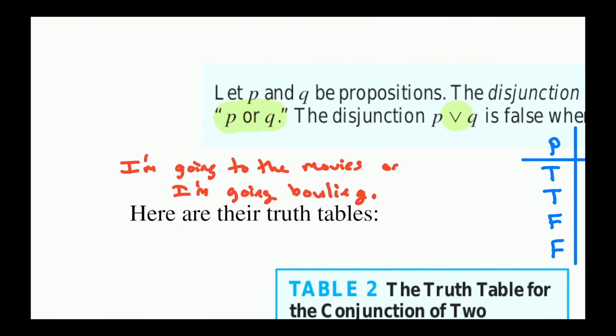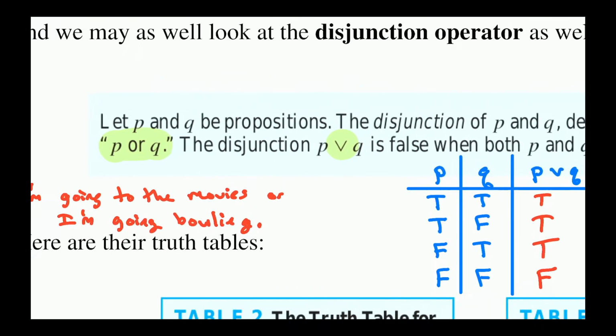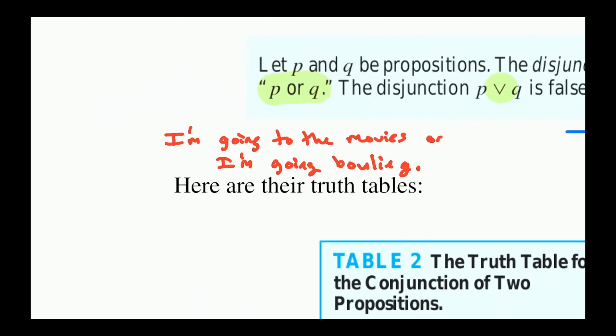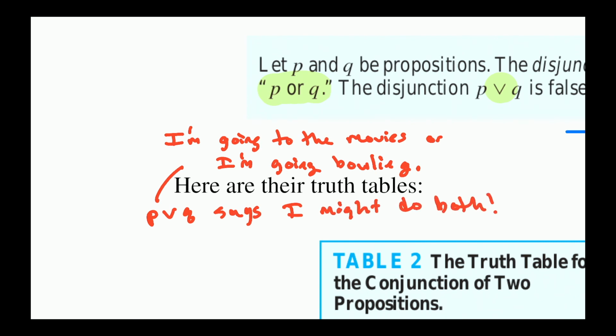That's not how people normally use the word. You would probably think I'm doing one or the other, but not both. But with this mathematical definition, P or Q says I might do both. And that's not how people normally say it in English.